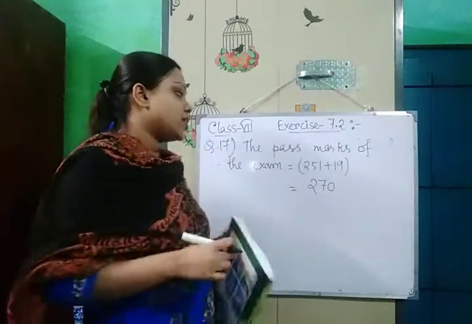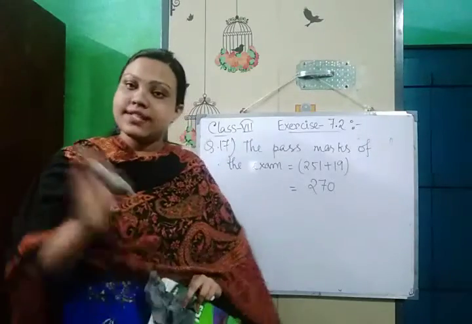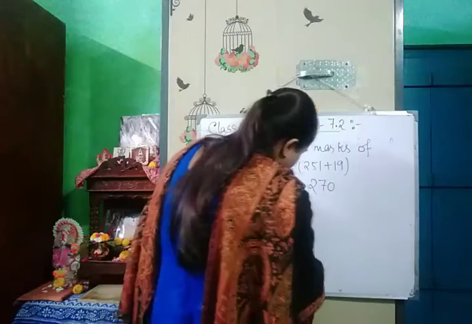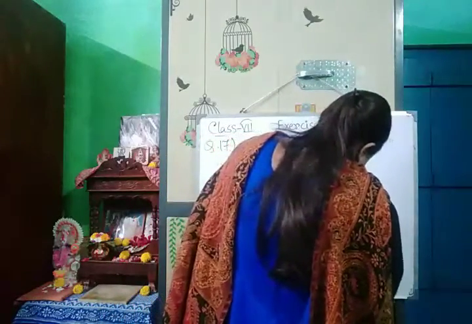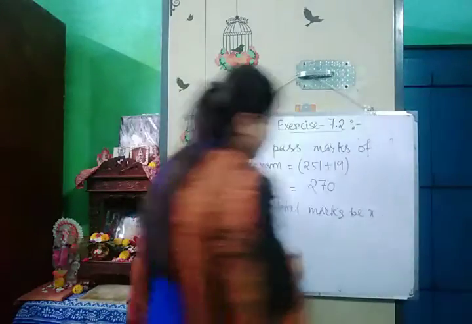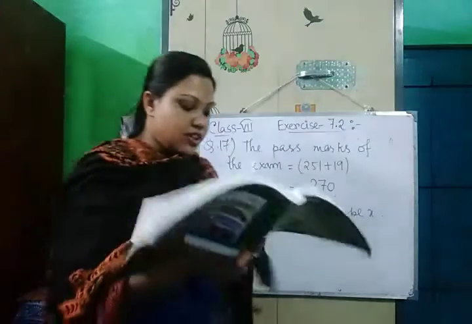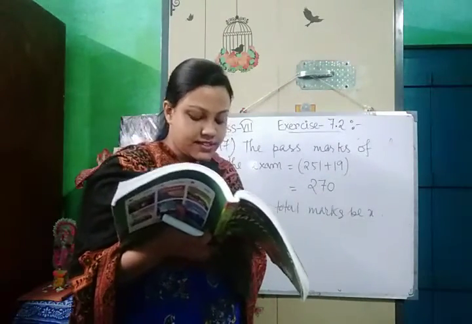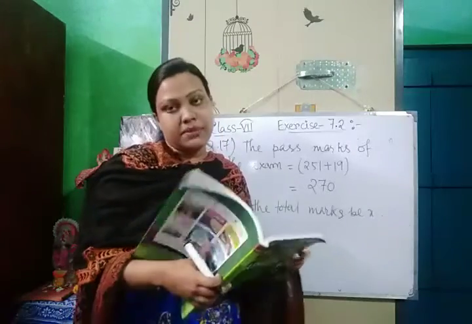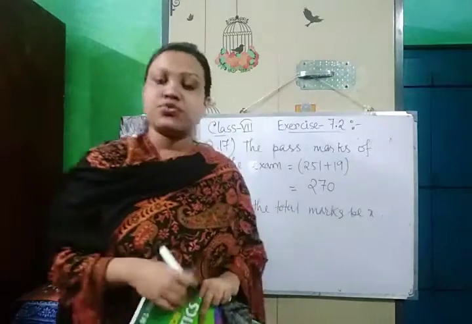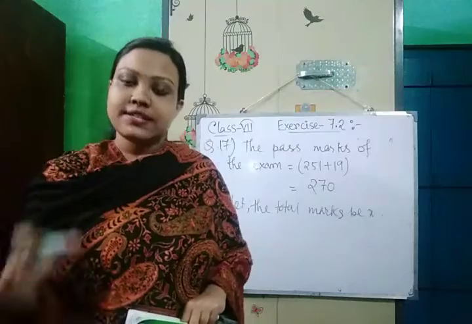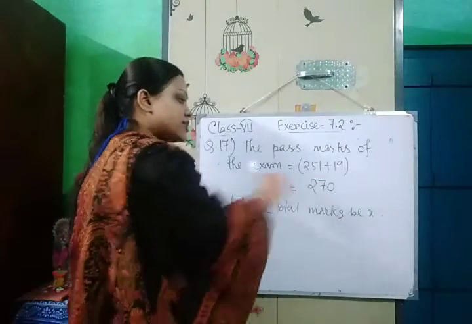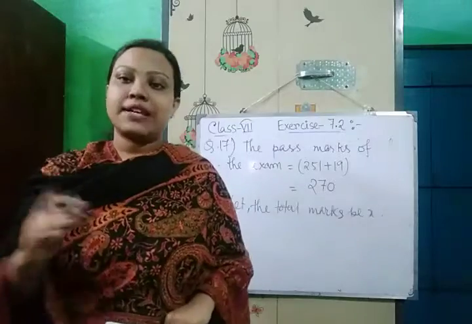Now we can assume that the total marks is x. Let the total marks be x. Okay, so now see what is given. It is given that 45 percent marks is the passing percentage for the exam, and 270 is the marks for passing the exam.